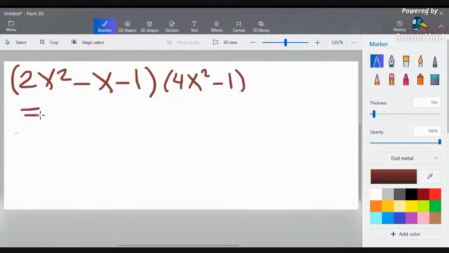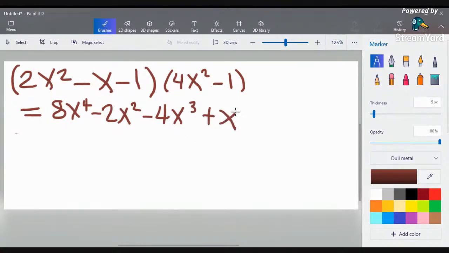So this one is equal to 2x squared times 4x squared. We have 8x to the fourth. 2x squared times negative 1 is negative 2x squared. Negative x times 4x squared is negative 4x cubed. Negative x times negative 1, that becomes positive x. Negative 1 times 4x squared, it's negative 4x squared. And negative 1 times negative 1 is positive 1.